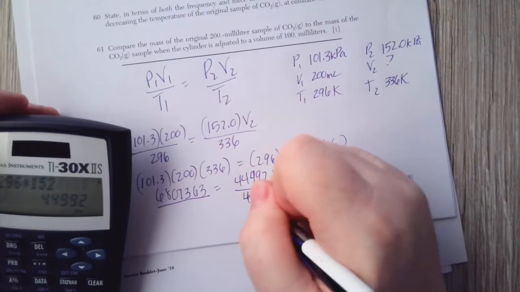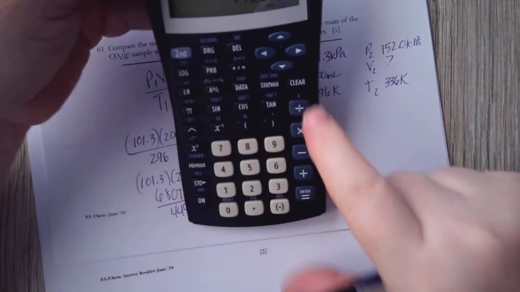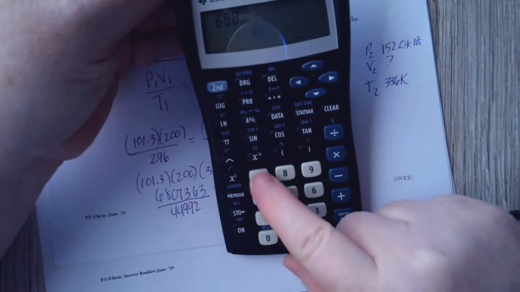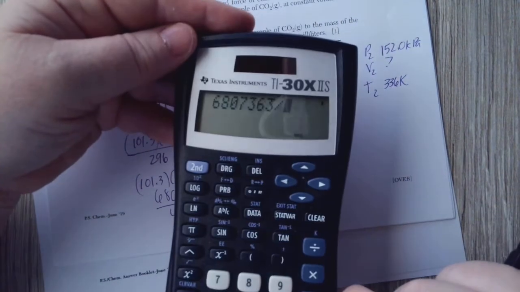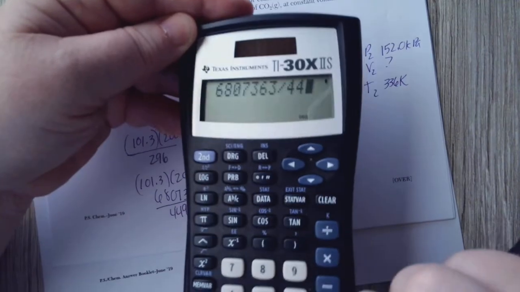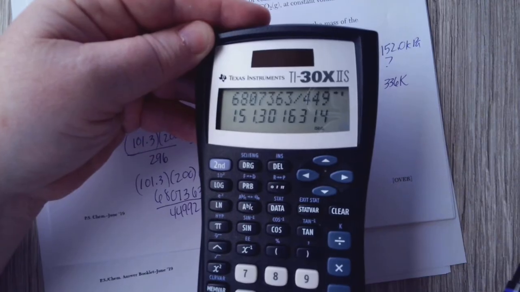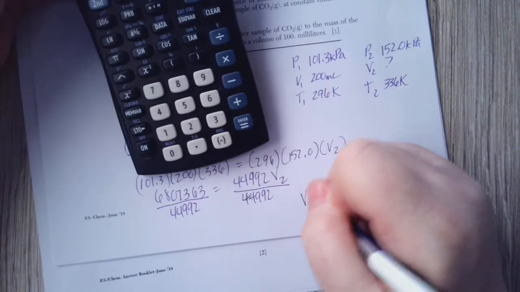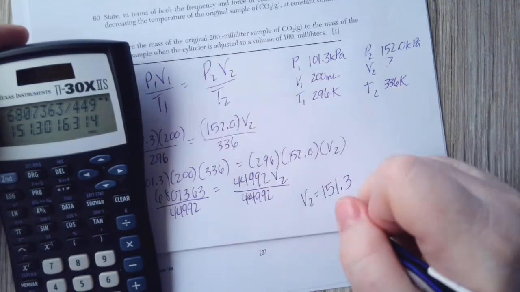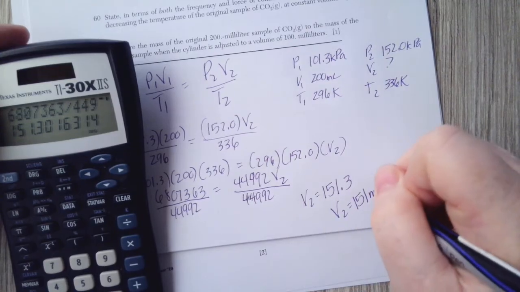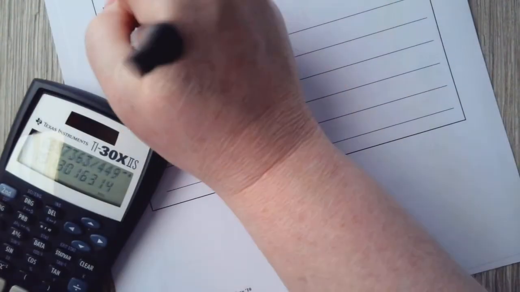Well, I divide both sides by 44992, which will give me V2. So I got to re-answer this. 6807360 divided by 44992 equals 151.3. V2 equals 151.3. I've got three significant figures up here, so my V2, 151 milliliters. Okay, and now I need to put that in my answer booklet, right? 151.